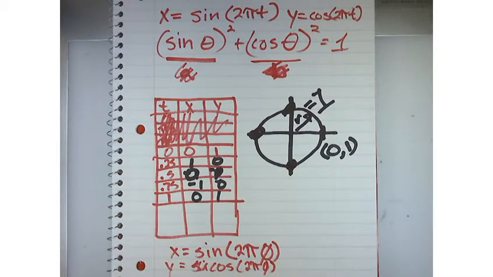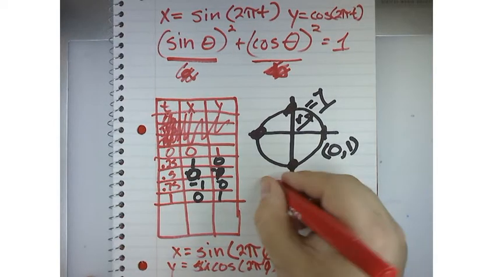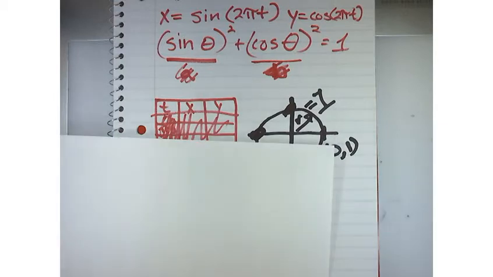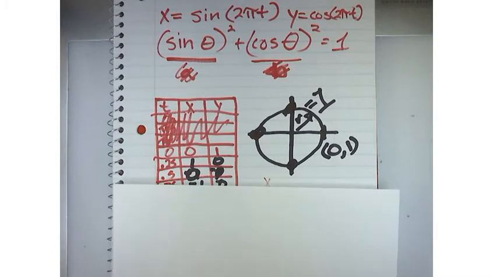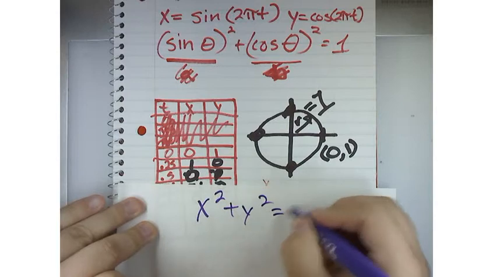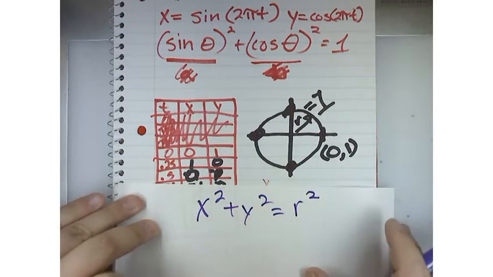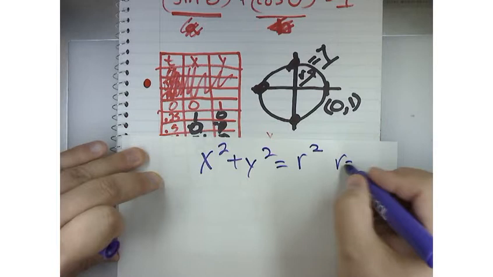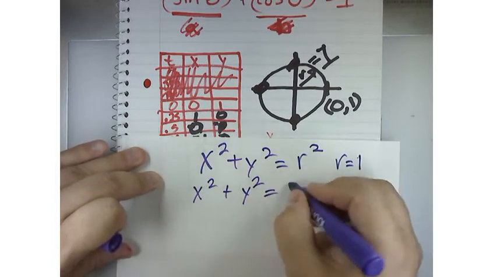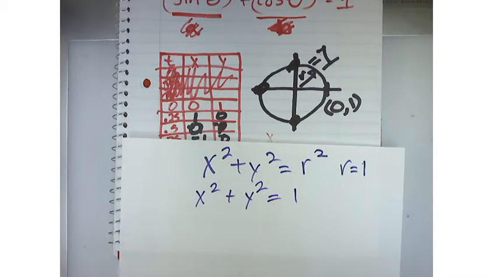So the equation of a circle with a radius of 1: x squared plus y squared equals r squared, right? But we think that r, the radius, is equal to 1, so I should have x squared plus y squared equals 1, right? Yes. So what does x equal?